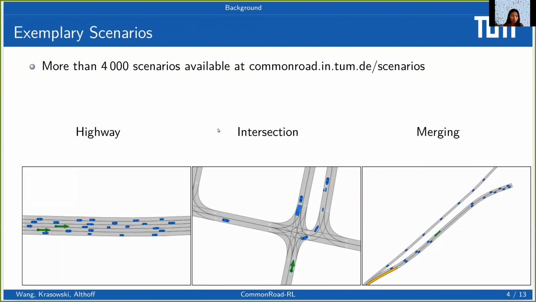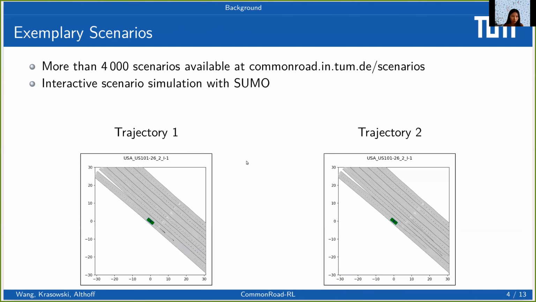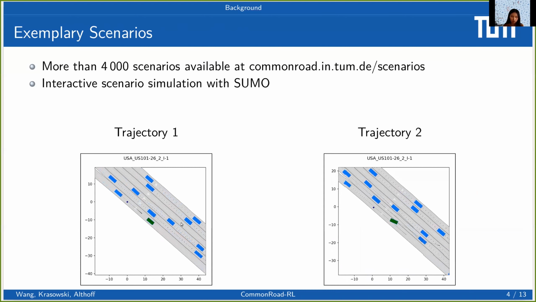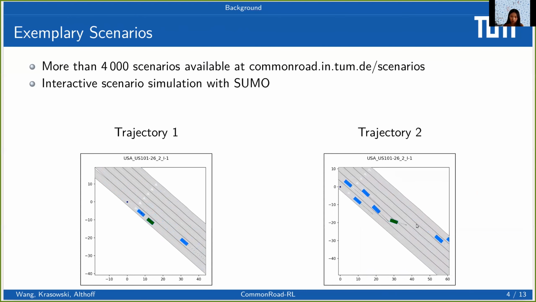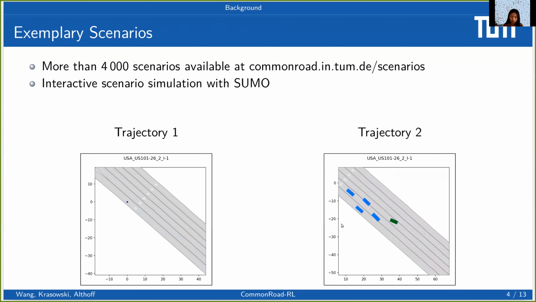Currently, we provide more than 4,000 scenarios at our website. There you can choose different kinds of scenarios, for example, highway, intersection, or merging scenarios. We also provide interactive scenario simulation with Sumo. Here you can see an example of how the vehicles behave differently if the trajectory of the ego vehicle changed.